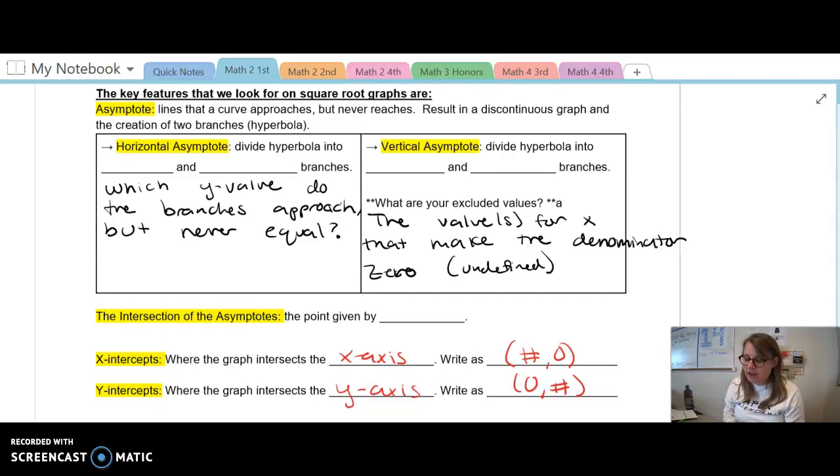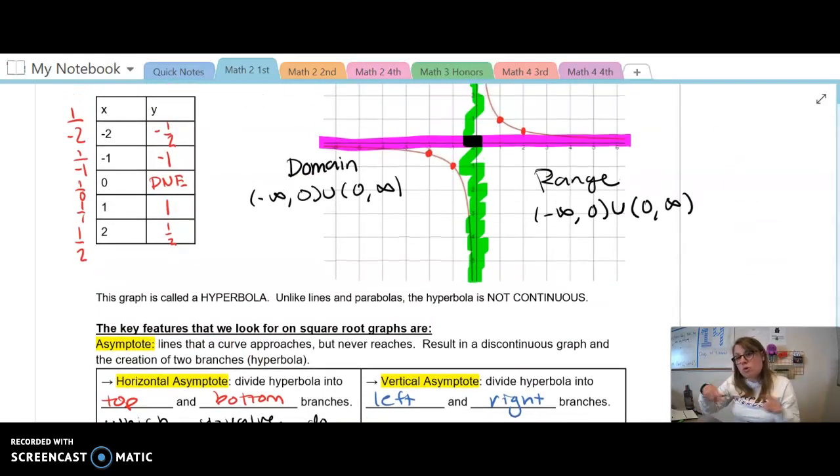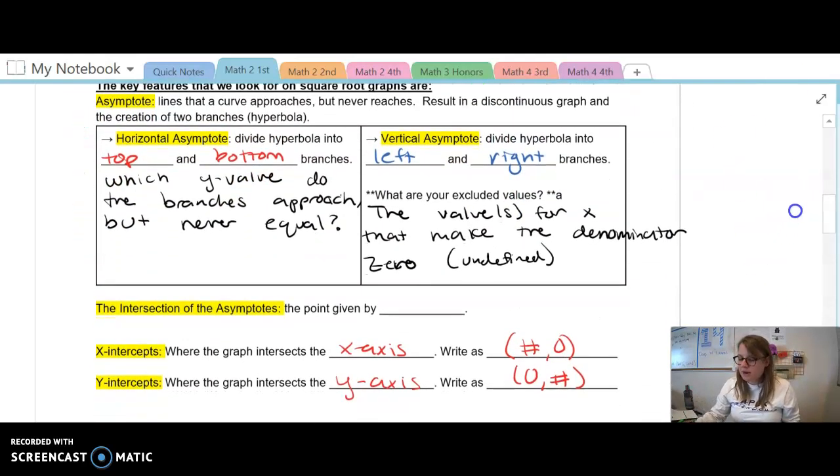The horizontal asymptote is the top and bottom branches. So that's where it's going to be a horizontal line that just kind of cuts it in half and will never touch those lines. So it's going to be what y value will be that. And then vertical asymptote, that's the left and right branches. So that's why it turns into these two corners here, because we have a top and bottom and we have a left and right.